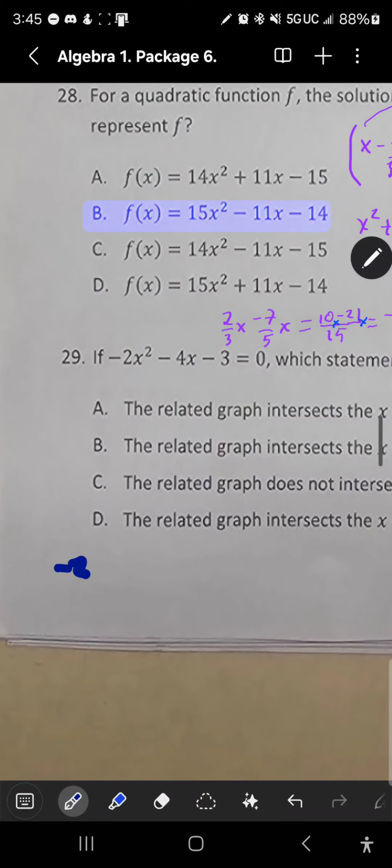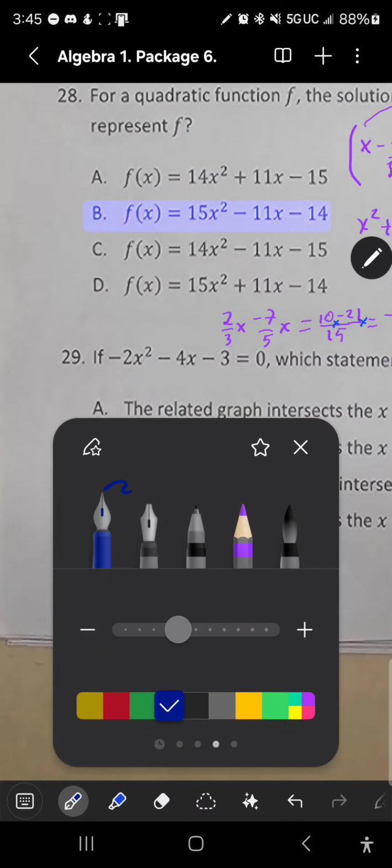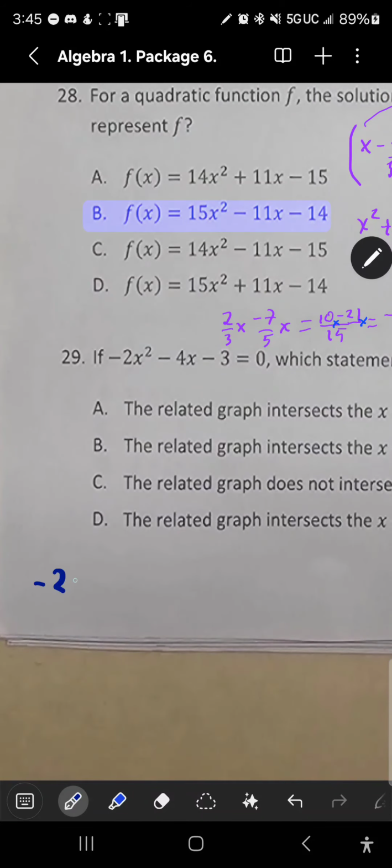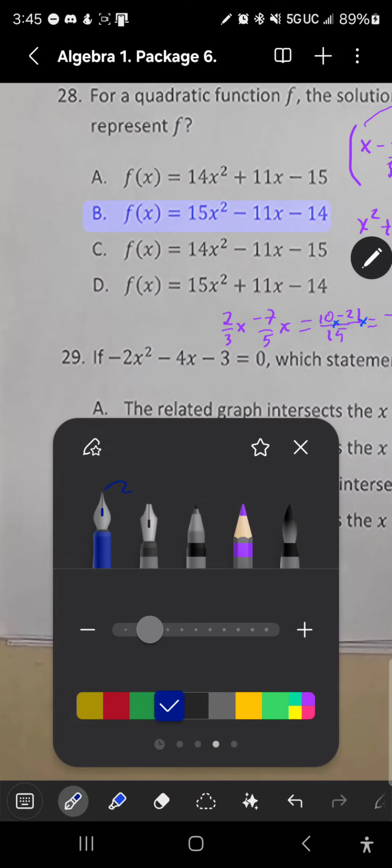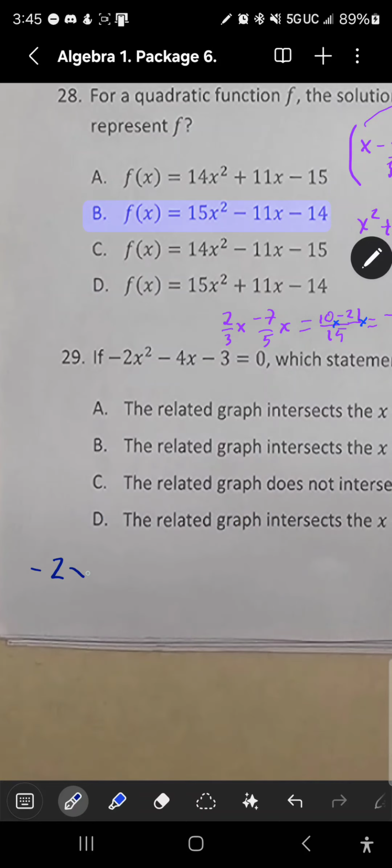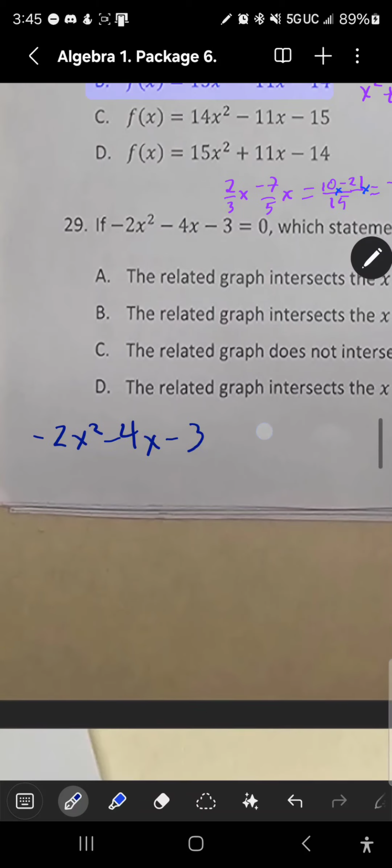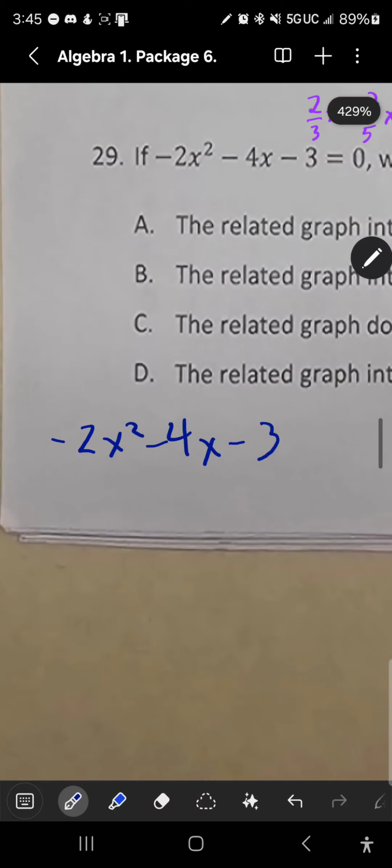We have negative 2x squared minus 4x minus 3. Let's see if we can factor. So we have negative 3 and 1.